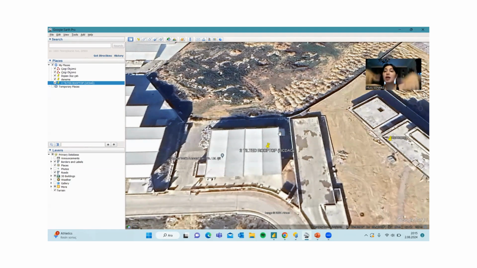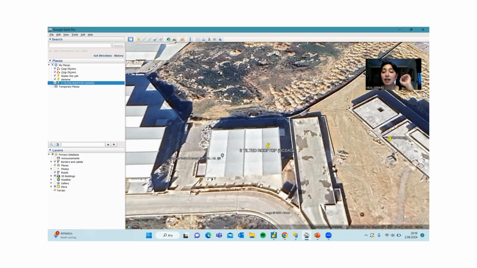These two roofs stay side by side, and for each roof we have two opposite tilted sides that coincide in a line, and this line is called the ridge. This is the ridge of the roof.